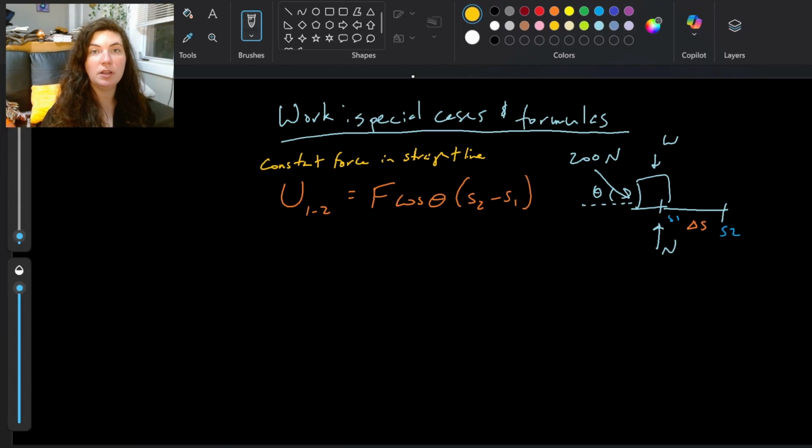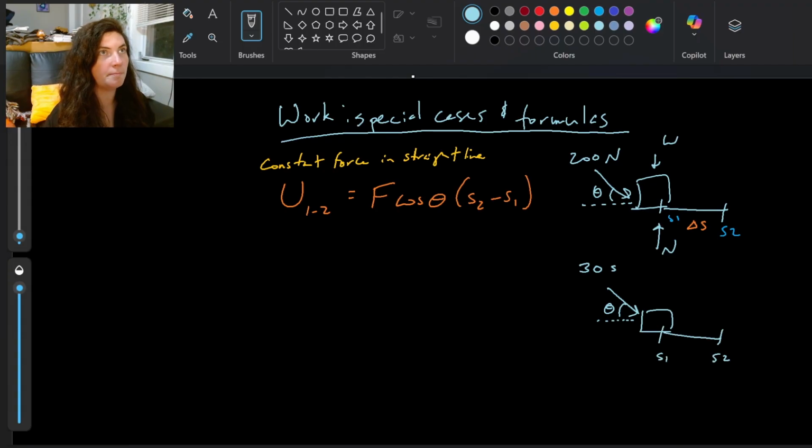Now another one that we might see is a variable force. You could have some box on the table and it has the normal and the weight and all of that, but let's say instead of that 200 newtons, now the force acting on it is 30 times S. So the more it displaces, the more the force becomes. It's in direct relationship to that displacement from S1 to S2.